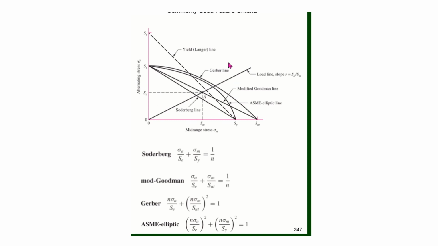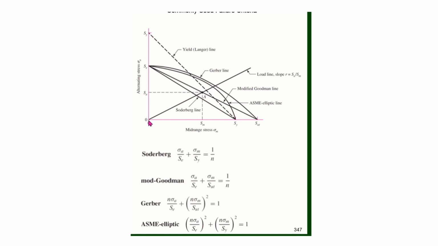And these lines here represent various failure envelopes. So if we come over here and we go to the yield strength on the mean stress, and we go to the yield strength on the alternating stress, this dashed line, which is a straight line between those 2 points, represents the yield line.